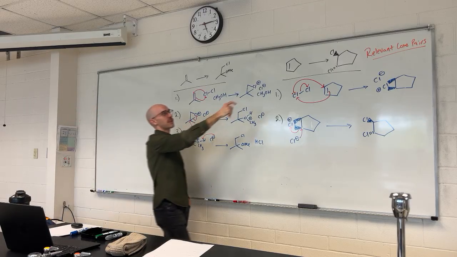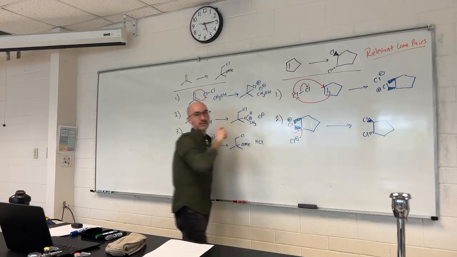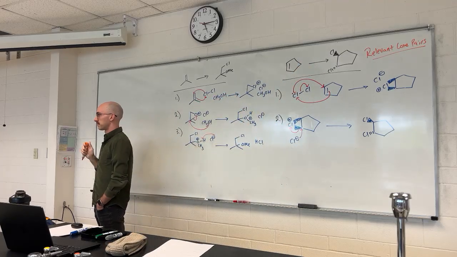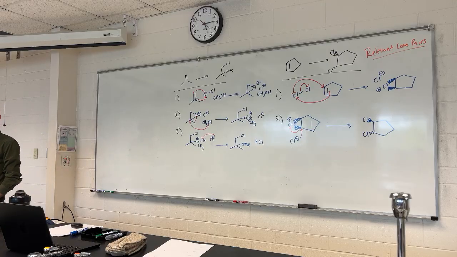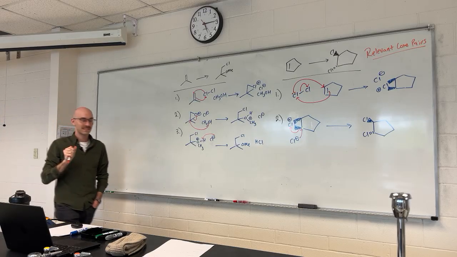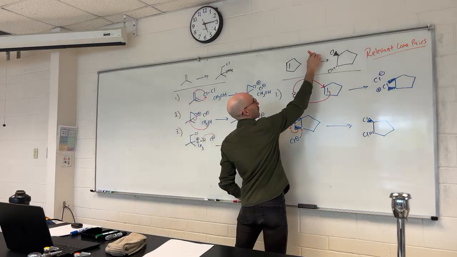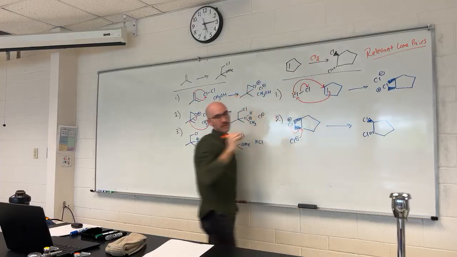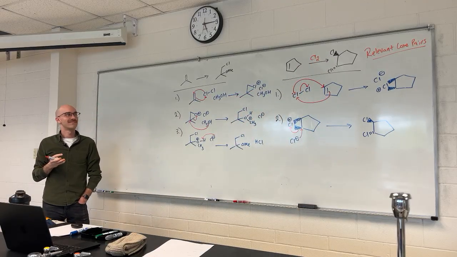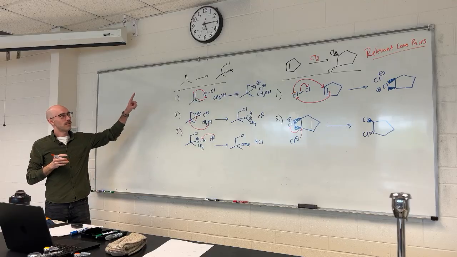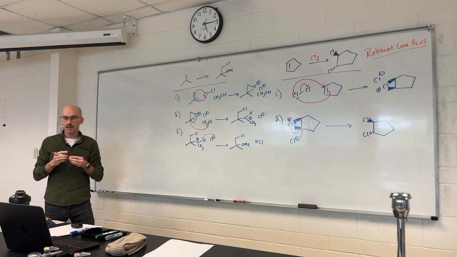By the way, what reagent do I need over the arrow for this reaction to be completed? Cl2. And what is the legal name for Cl2? Elemental chlorine. Great. All right. What reaction am I running on the right?